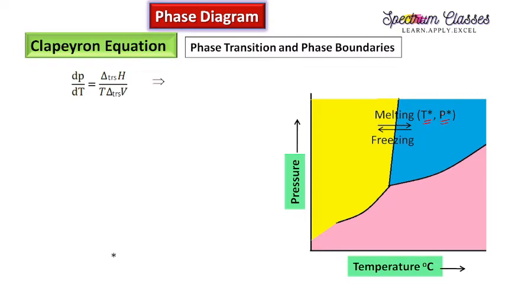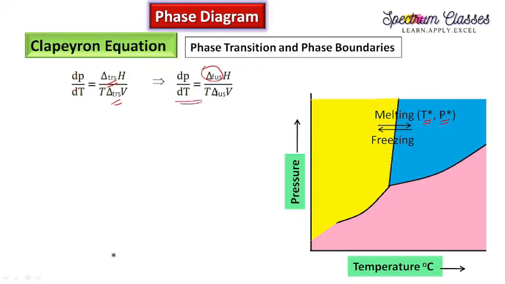Then we can put dP upon dT. This is known as fusion. Rather than writing transition, which is a common term, since we are applying this to the solid and liquid phase, we can use the word fusion. So delta H fusion upon T delta V fusion.